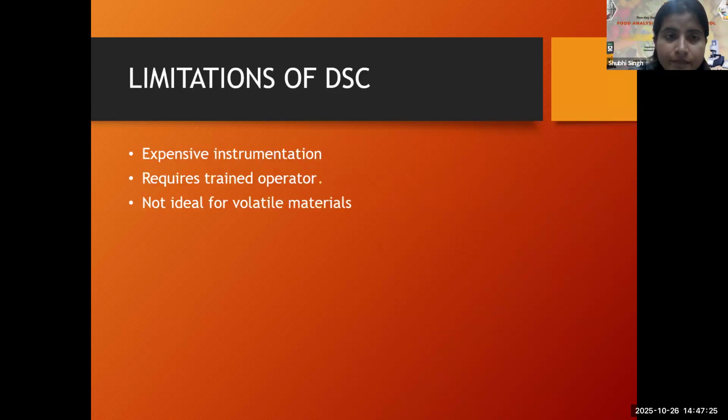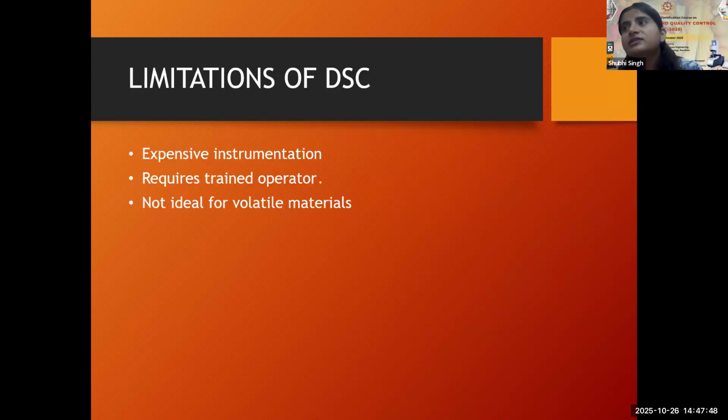So with the help of numbers you can easily analyze and get your results with the help of DSC. But it has certain limitations as well, as it is expensive. It requires trained operators. If you want to operate DSC, you first have to get proper training, then only you can do it. And it is not ideal for volatile materials. Why?